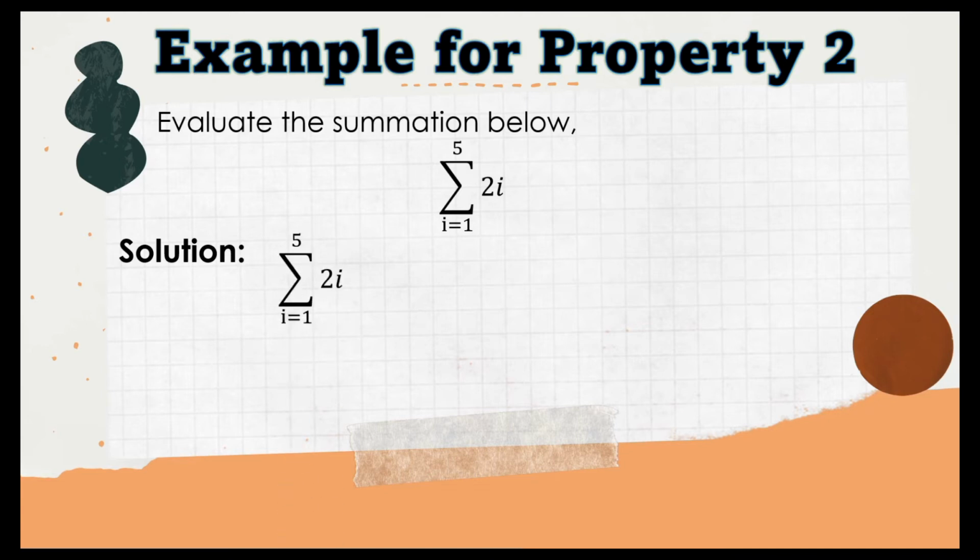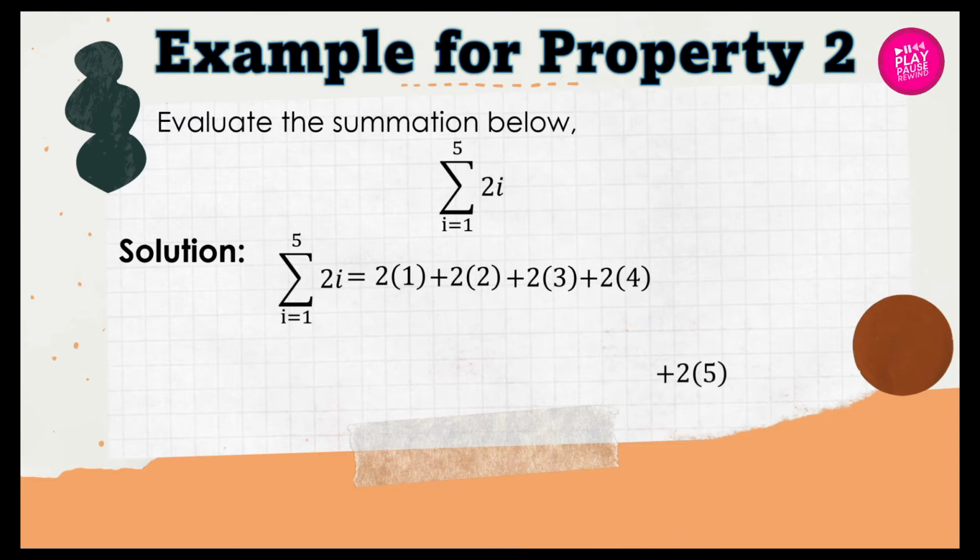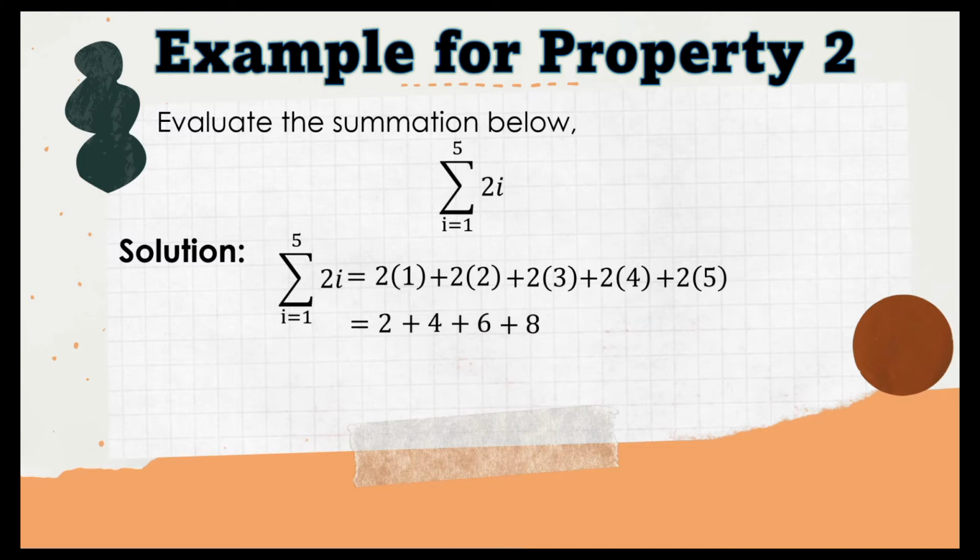This is equal to 2 times 1 plus 2 times 2 plus 2 times 3 plus 2 times 4 plus 2 times 5, which is 2 plus 4 plus 6 plus 8 plus 10, equal to 30.